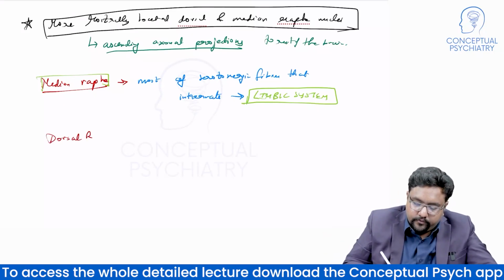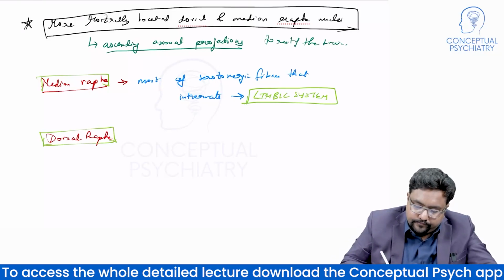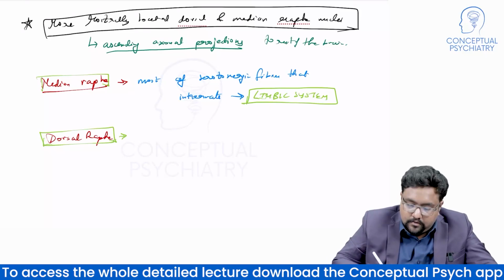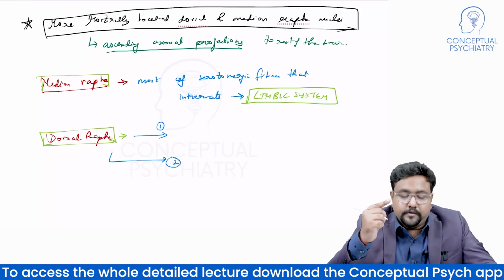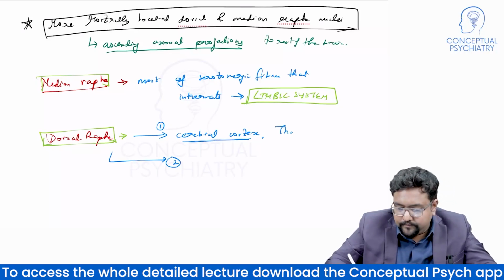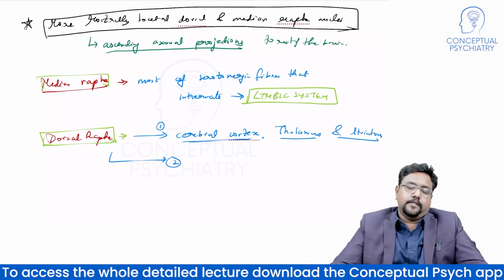So what is the dorsal raphe doing? The dorsal raphe is involved in two pathways. First pathway is the cerebral cortex, thalamus, and striatum.